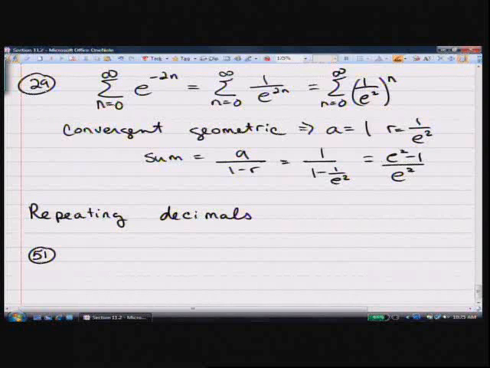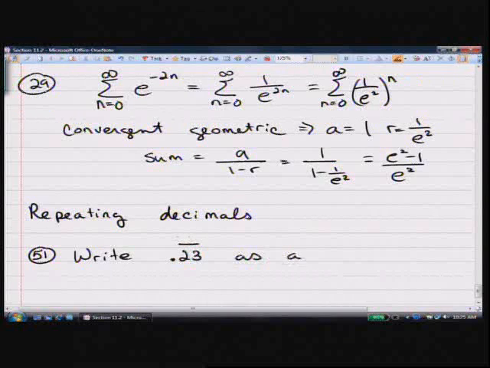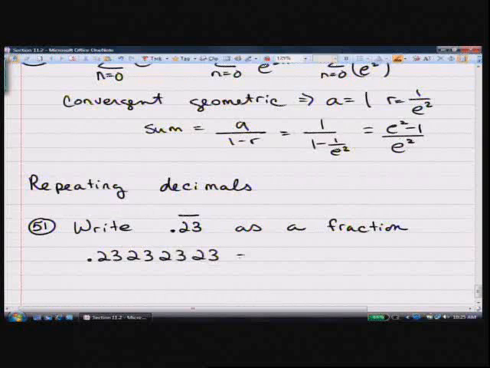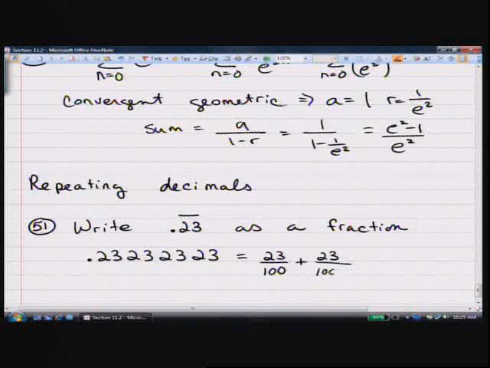So if we wanted to write 0.23 repeating as a fraction, you can think of that 0.23, 23, 23, 23 as 23 hundredths plus 23 hundredths squared, plus 23 hundredths cubed.